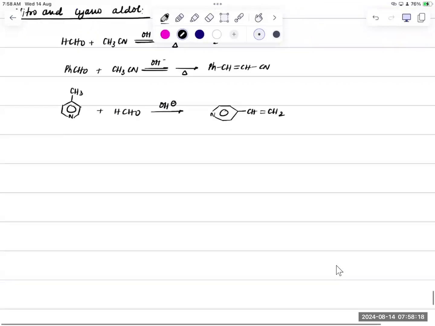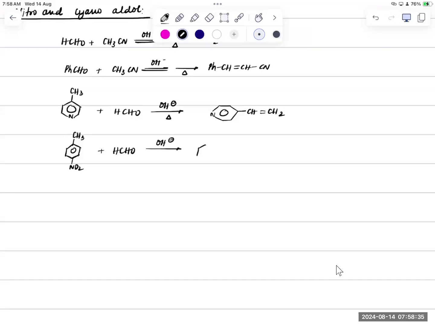This is the product formed on heating. Okay. So if at all we have any strong withdrawing groups on the benzene ring, then it can definitely form an enolate kind of structure here. So we'll get this as CH=CH2 with NO2. This kind of product is observed.